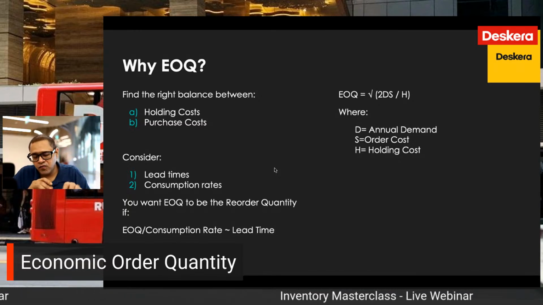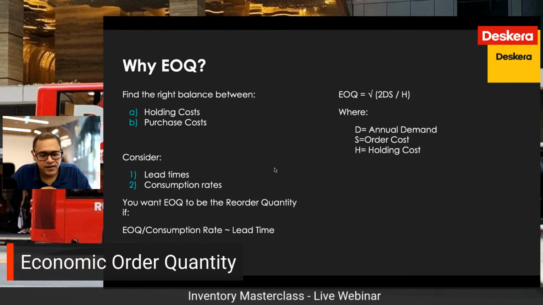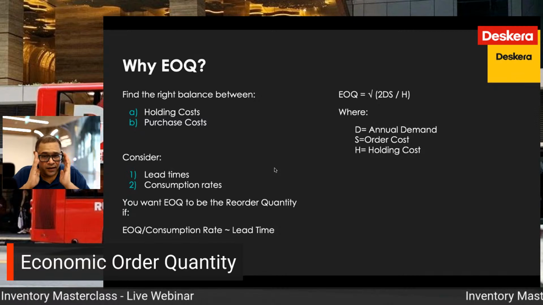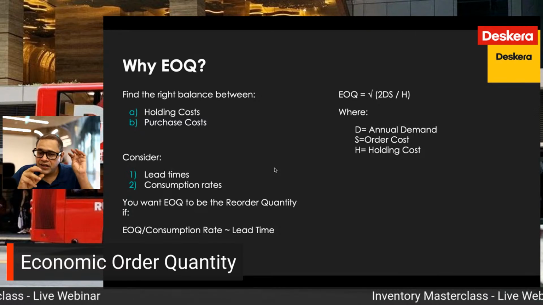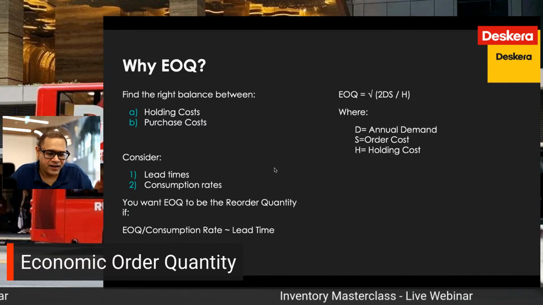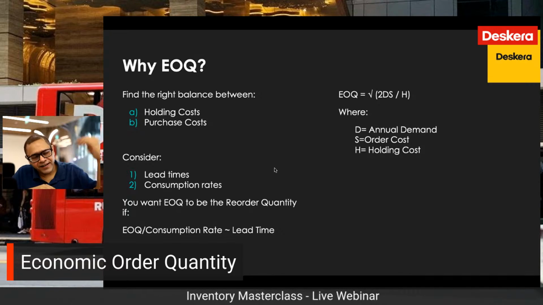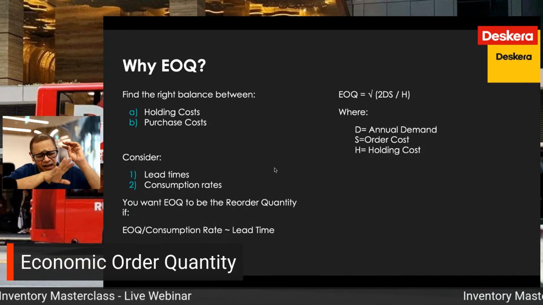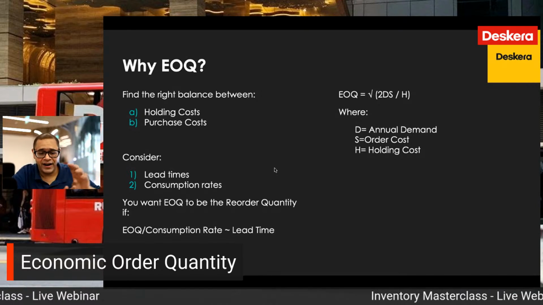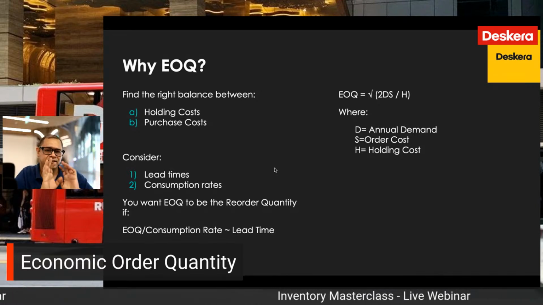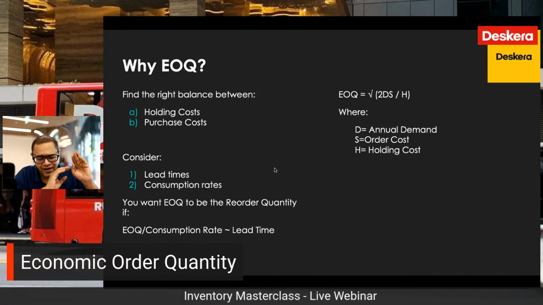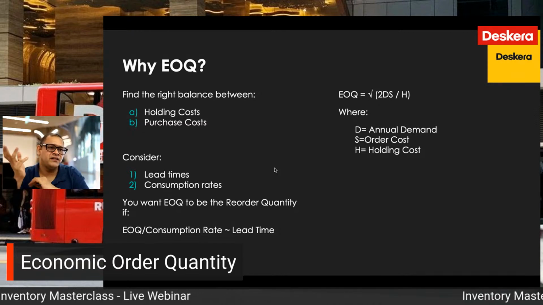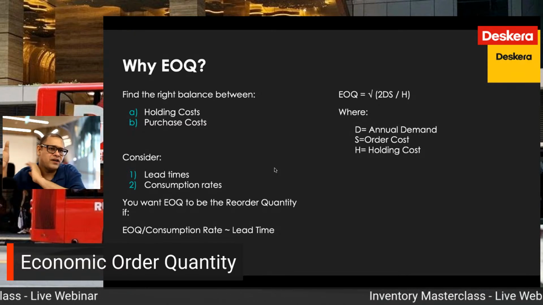However, you also would want to keep into consideration the lead times and consumption rates, and you should use EOQ as the reorder quantity if the economic order quantity that you get by this formula, when divided by the consumption rate, is approximately equal to the lead time, which is what we thought to be the reorder quantity earlier.